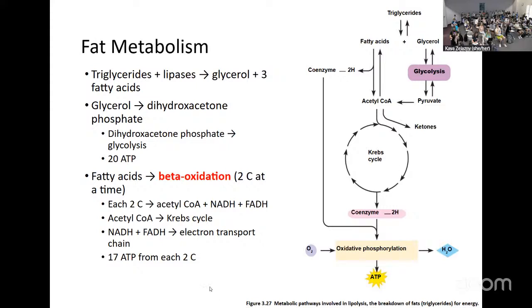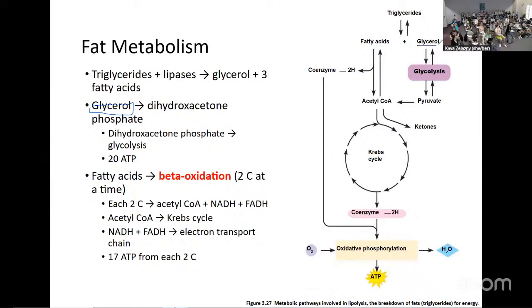So from our glycerol, we're going to convert that into this molecule, dihydroxyacetone phosphate. I will not ask you to say that. I don't know how many times I've said that aloud, but we're going to turn it into a molecule that can go into glycolysis, is what we do want to know.